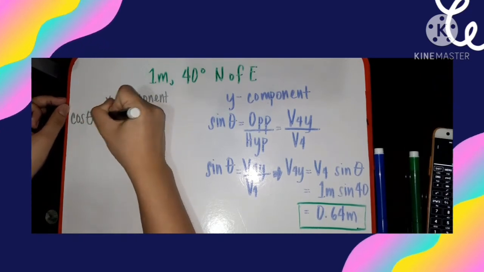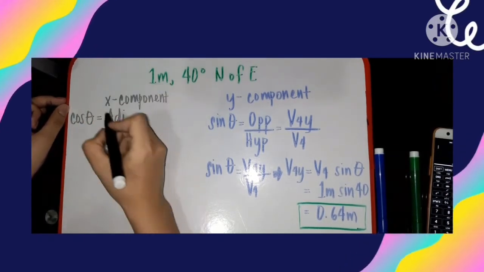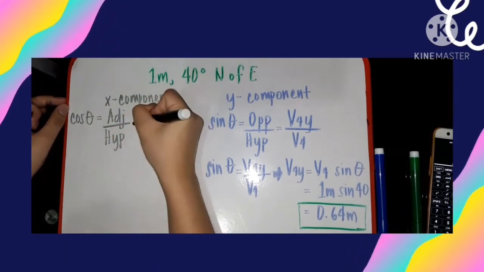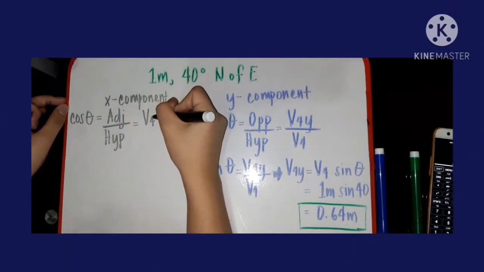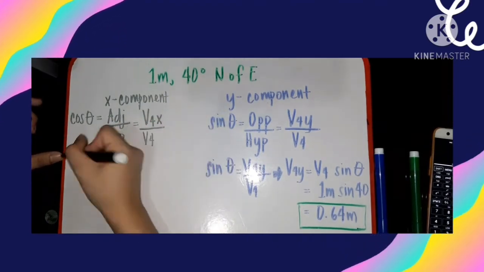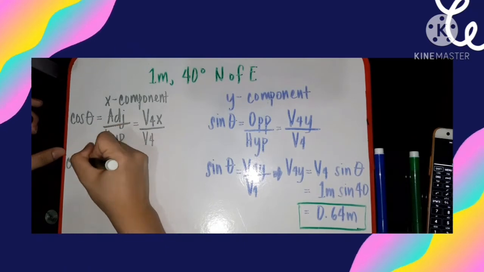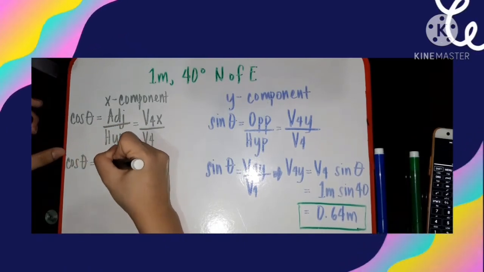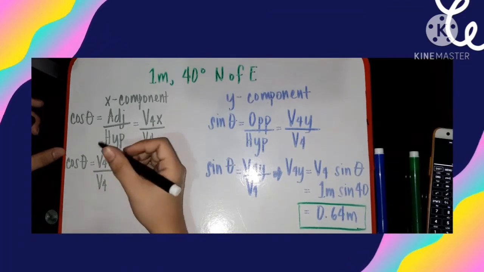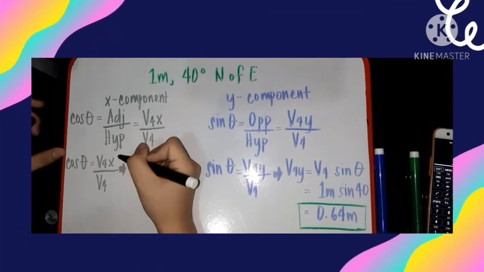Cosine theta is equal to adjacent over hypotenuse equal to V4x over V4. Substitute the cosine theta is equal to V4x over V4. Cross multiply.